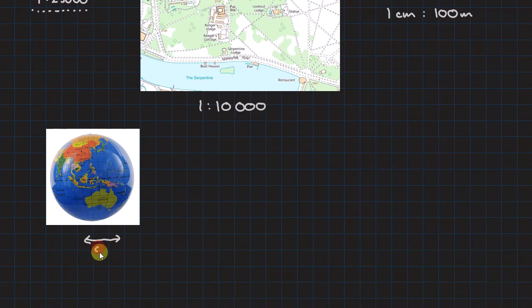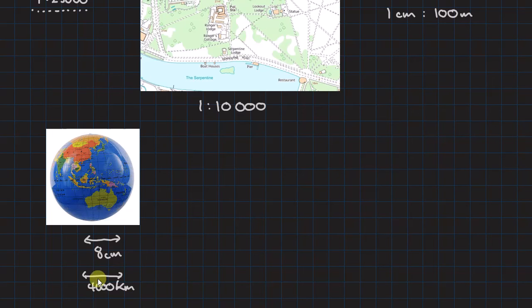And I want to know what's the scale of this using usable scaling units. We'll talk about what I mean by usable scaling units in a minute. If it's an exam question, they'll tell you what units they want both sides. I know the distance in reality is just a bit over 4,000 kilometres. So I want to know what is the scale of this world map I've got.